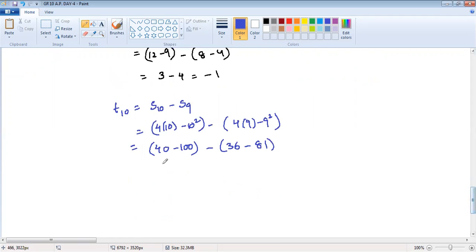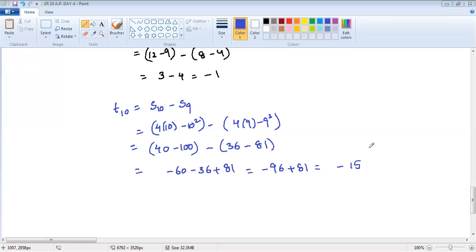So 40 minus 100 minus 36 plus 81 gives minus 96 plus 81, which is minus 15. So we got T1, T2, T3, and T10.